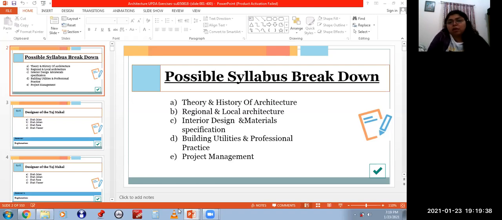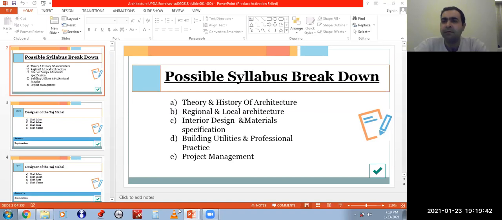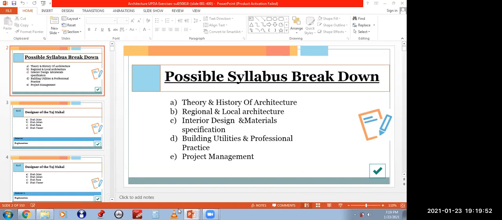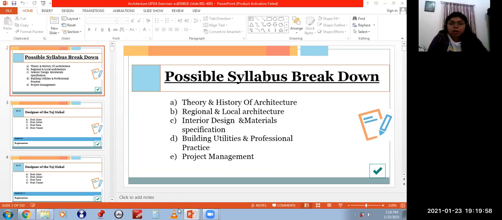Okay, then you have interior design and material specifications. So interior design would be like, for example, what's an awning? Do you know what's an awning? It's a shade over the window or any door opening. Sorry?